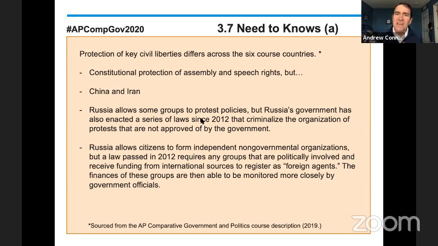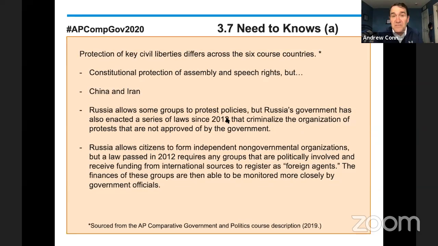But it's also pretty common that the government will come in and try to restrict those protests, what might be local security officials using local rules to try to prevent that protest from taking place, or coordinating counter protests, or using a law that was passed in 2012 to criminalize some of these protests. But you still see some of those protests take place. You know, not everyone who takes part in those protests is arrested.